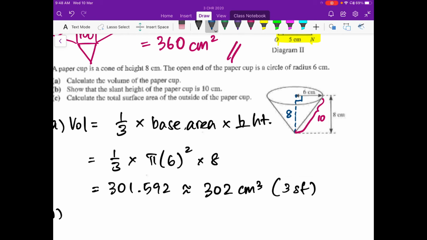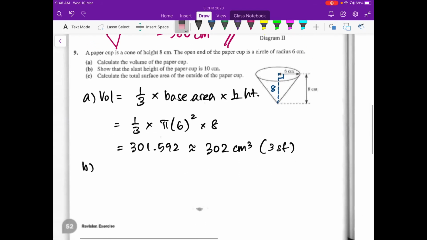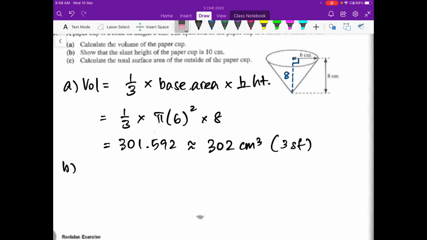So with this right angle triangle, I need to find out this value. Yeah, so Pythagoras theorem. So 6 square plus 8 square will be our slant height square. That is our Pythagoras theorem.